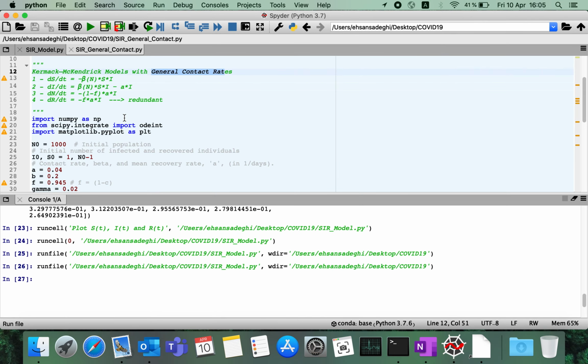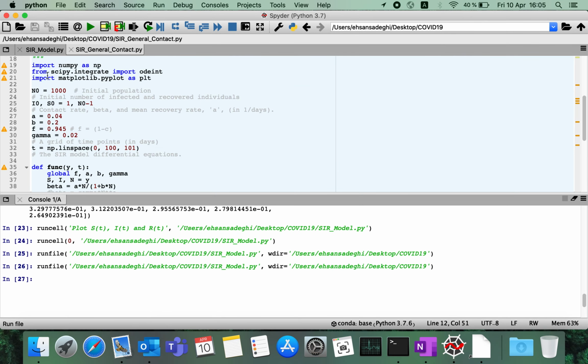So again, like another model, I will import my libraries. I will define initial populations, I0 and S0. A stands for recovery rate, B stands for contact rate. I have defined it as 0.2.